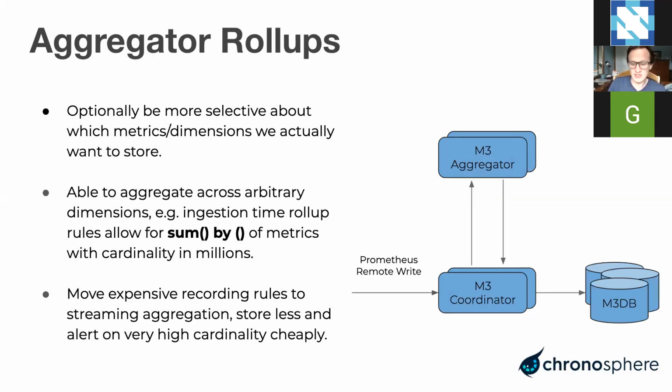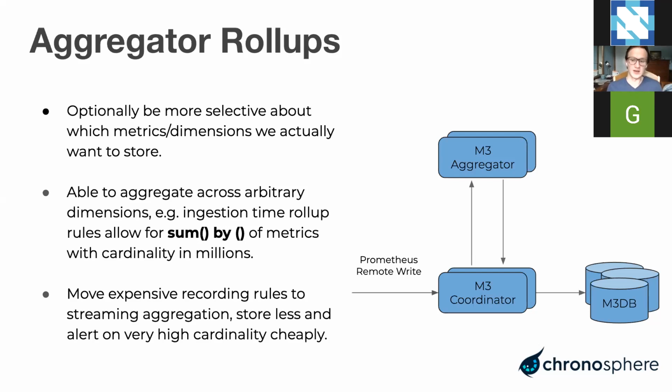But then the question is, how do we make sure that what we're paying for is getting the most engineering value? The way we can do this is via another component that can sit alongside the coordinator, and that's called the M3 aggregator.